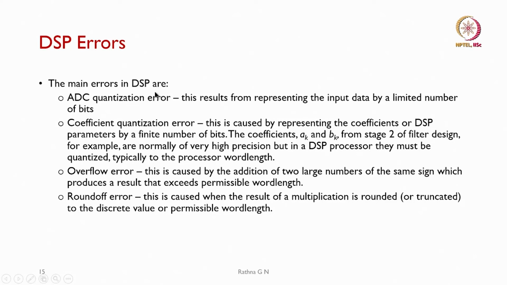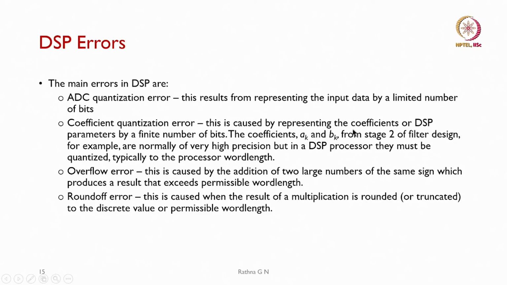The main errors in DSP are, first, our ADC quantization error. This results from representing the input data by a limited number of bits. I can choose a 12 bit, 10 bit or 8 bit ADC, depending on what type of ADC you want. And then next, the coefficients have to be represented in fixed point, so I am going to have a quantization error here.